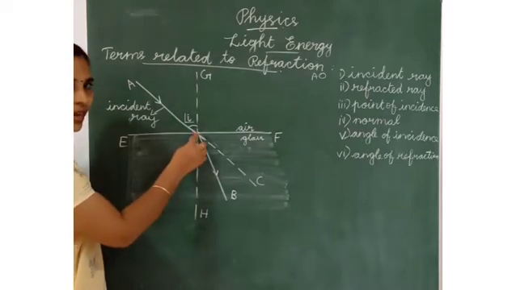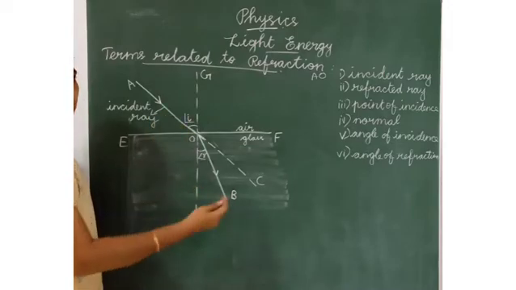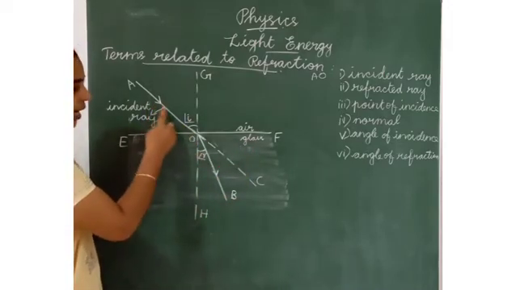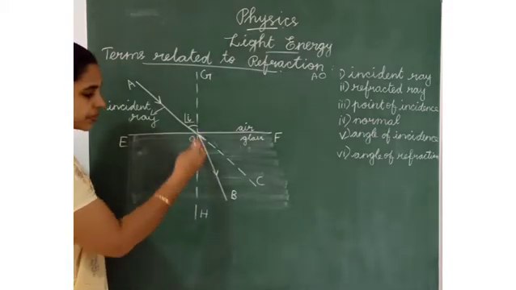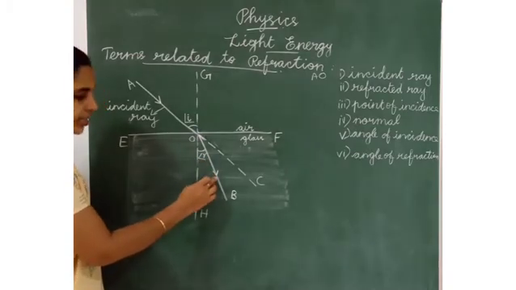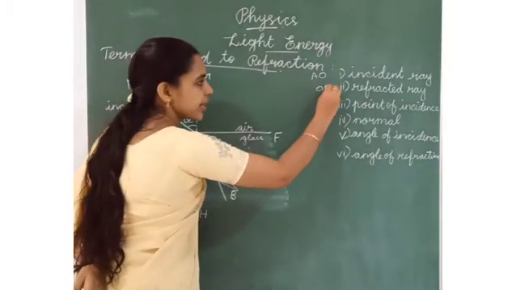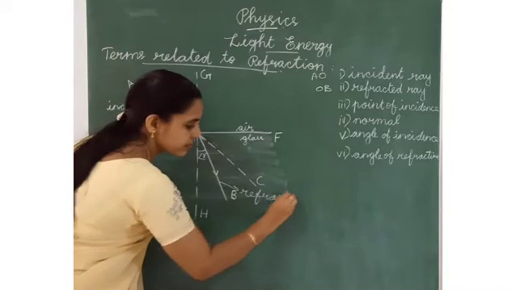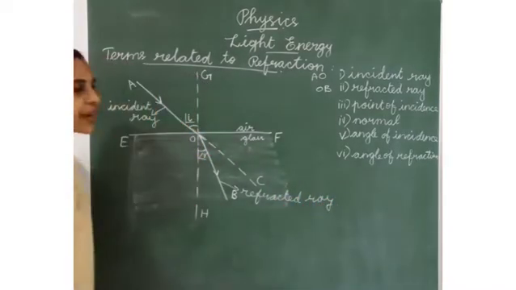The ray of light after changing its direction in the second medium, the glass, is called the refracted ray. So OB is the refracted ray.